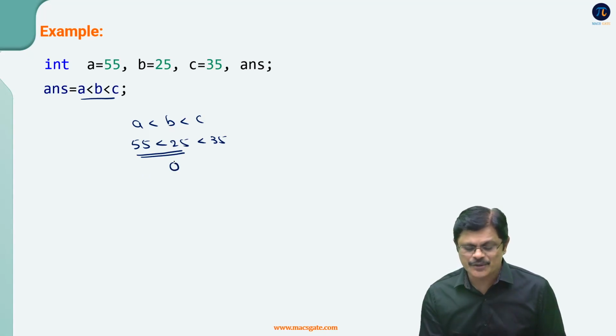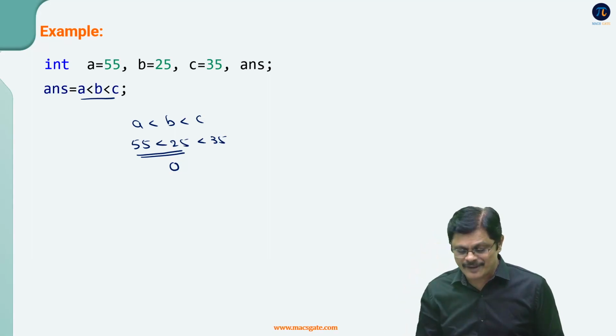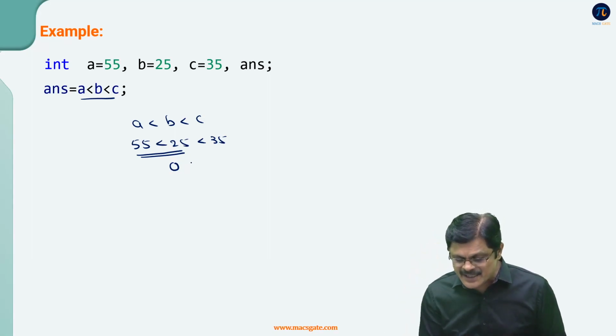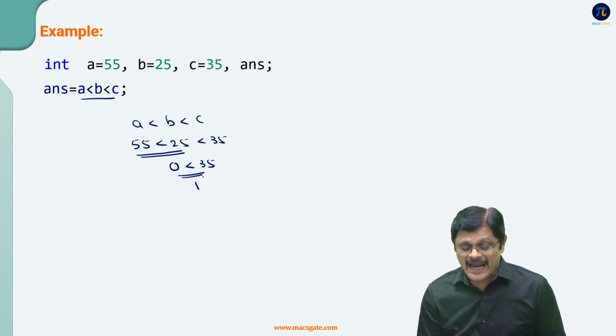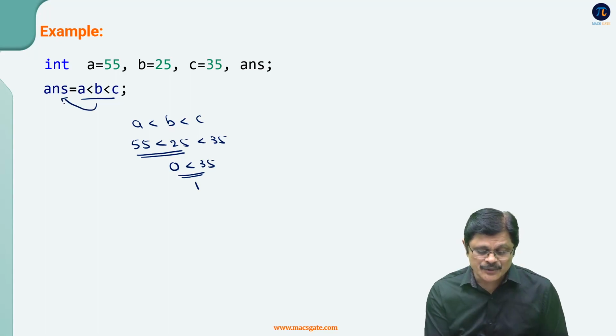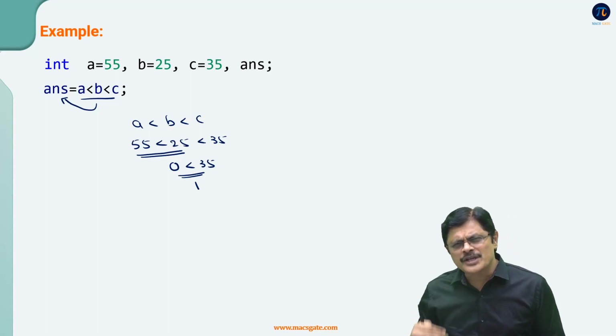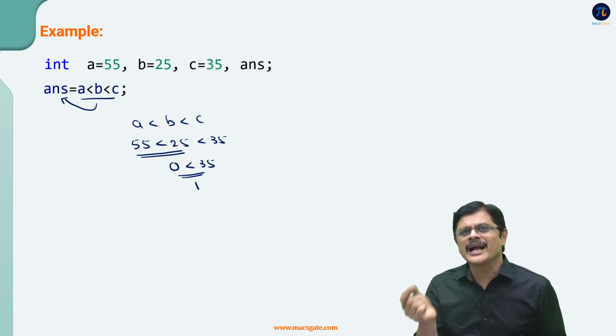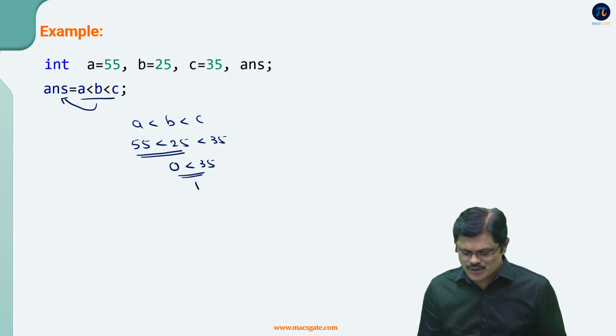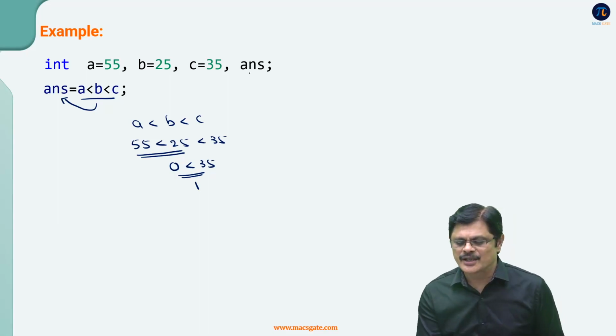So it returns 0. 55 is not less than 25, so you get 0. Then that 0 is compared with 35. 0 < 35, yes, it is true. So here it returns 1. And that value is assigned to answer. See, actually assignment operator has the lowest precedence. Therefore, that will be done towards the end. So this one will be assigned to answer. So the value of answer would be 1.